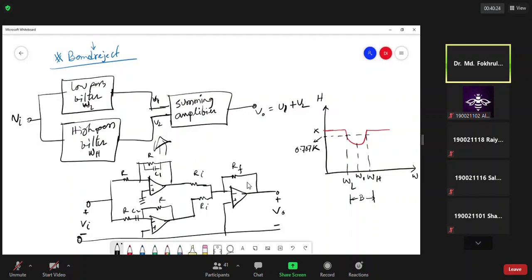Since it is a summing amplifier, we can have our transfer function this way.